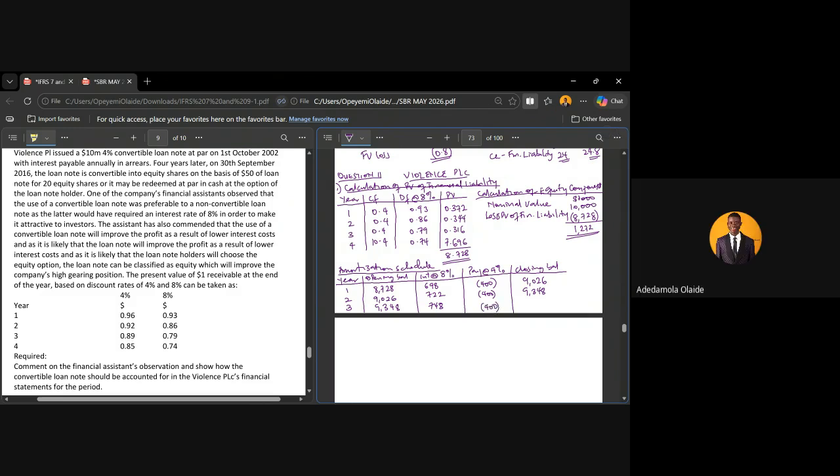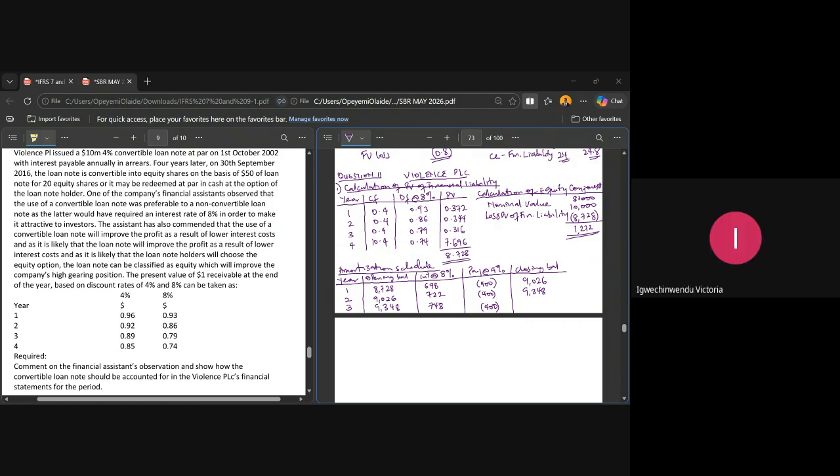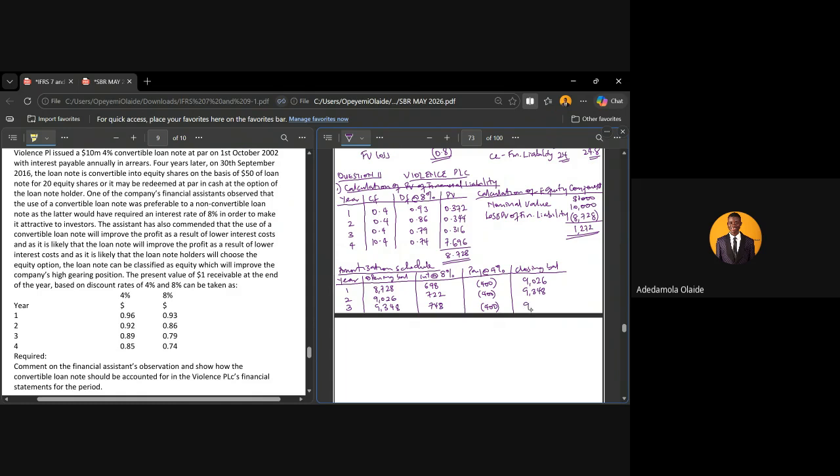What do we have as the closing balance? 9696.